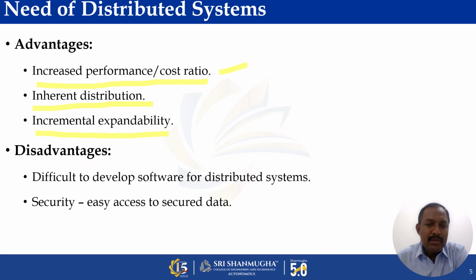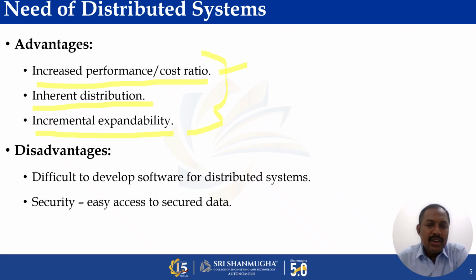Incremental expandability: based on the requirement, the number of systems in the distributed system can be increased or decreased. Even though it has many advantages, it also has a few disadvantages.